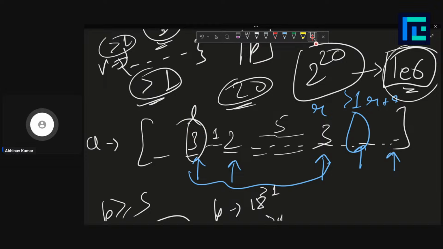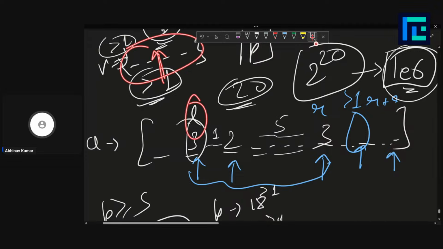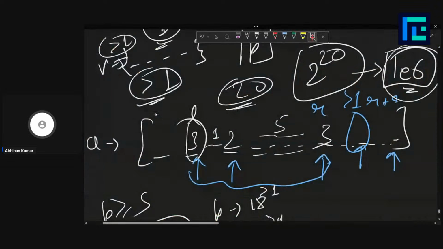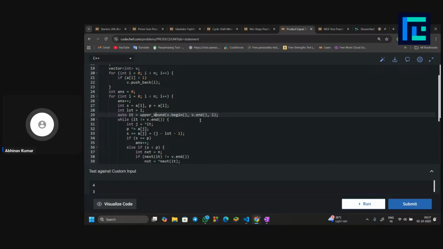So I can use an upper bound on this vector of indices to get the R just greater than L, where A[R] is greater than 1. So the first non-1 value R just greater than L, I calculate through upper bound.